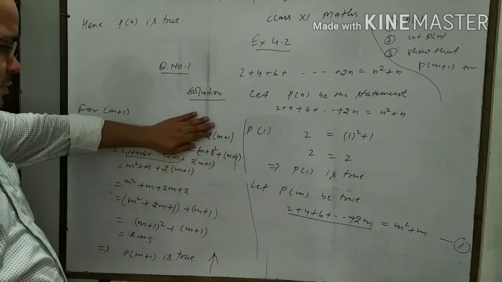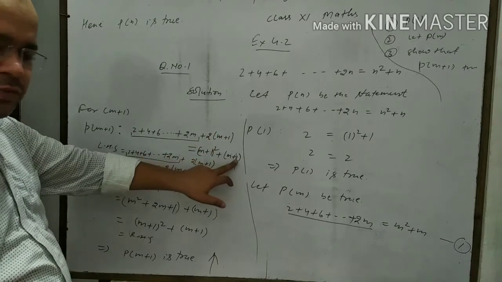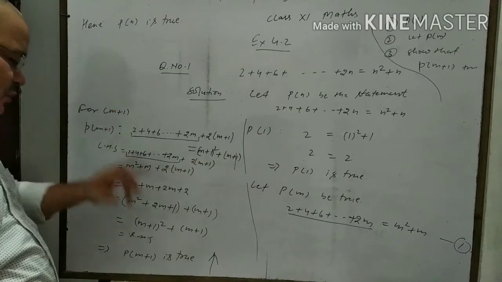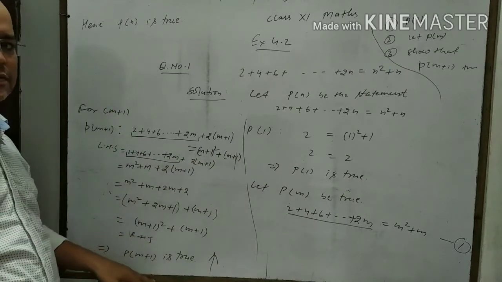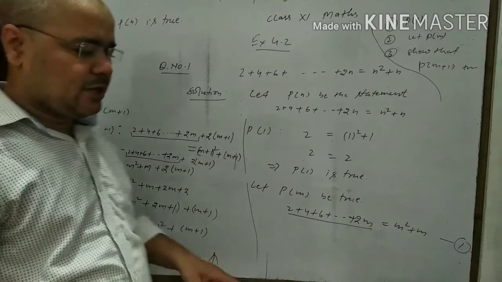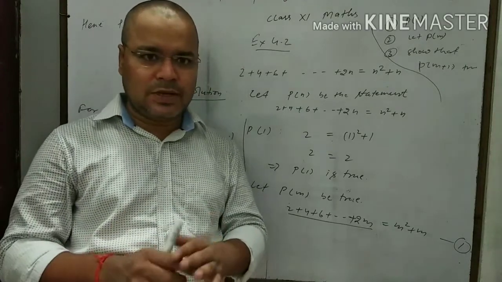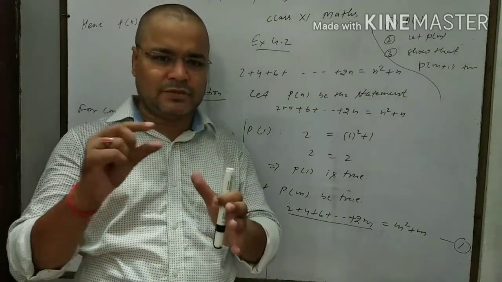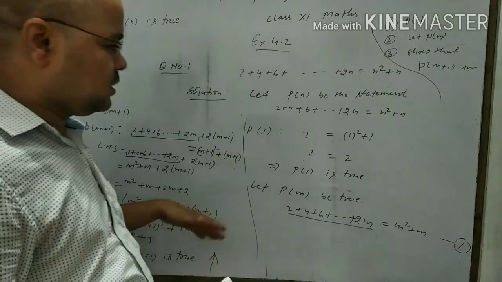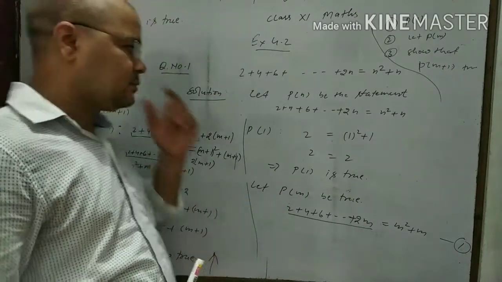The left hand side will be like this, and right hand side like this, and from left hand side we try to find the right hand side. Sometimes in books there are minute differences. Okay, no problem, you can do it this way also, that is also correct.